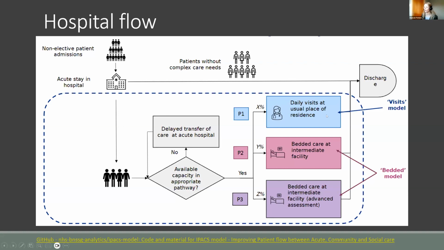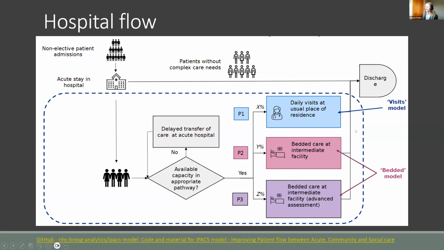Maybe they can go home and have some kind of daily visits, or maybe they can have bedded care. That can either be in a short-term facility, and that's what we call pathway 2. If it's short-term, they can go and get maybe reablement in a community hospital or something along those lines. And then pathway 3 being more long-term bedded care, so things like care homes.